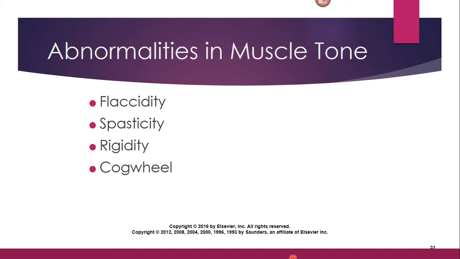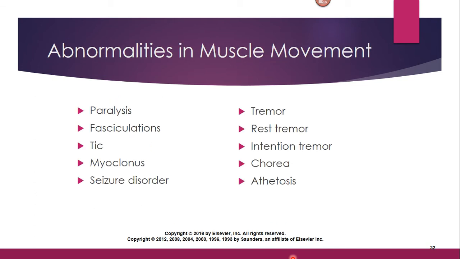Common things you'll see: patients who have cerebral palsy, for instance, will have spasticity, and that's pretty common. Somebody who has spina bifida could have the same. They could have paralysis. You could have a patient who has a seizure disorder.